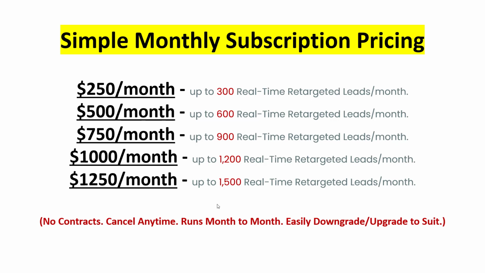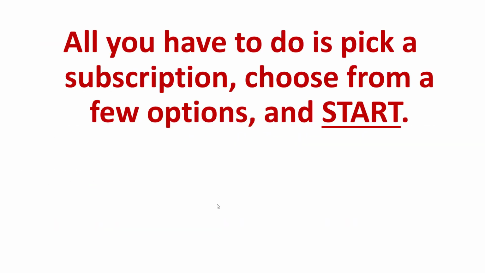You get a lot more of those people in, and you convert a lot more of them because the more traffic you get, we're going to multiply that figure. That's how you get to 4 times, 40 times over on your traffic and your sales. That's the point. Let us push it. So all you have to do is pick a subscription, choose from a few options, and start.